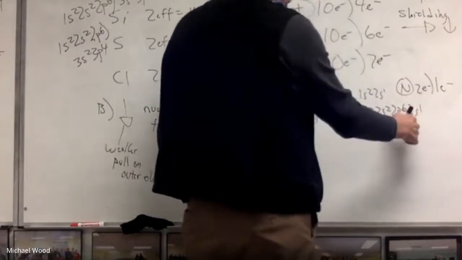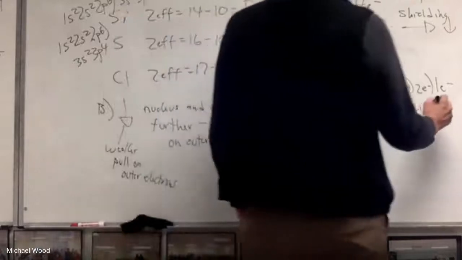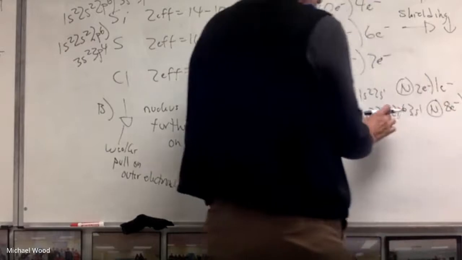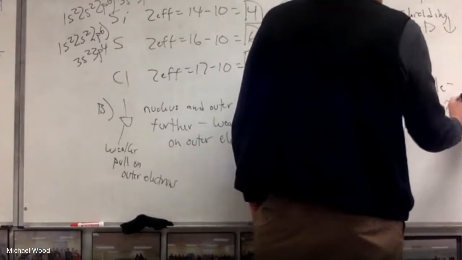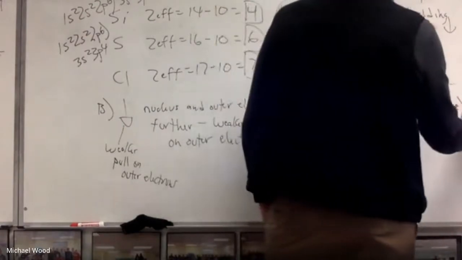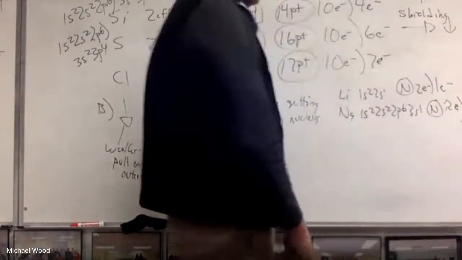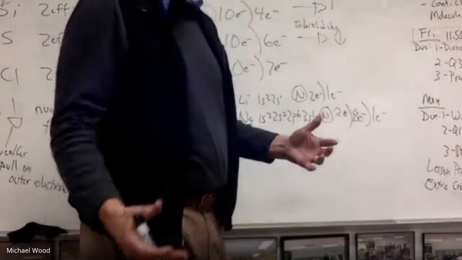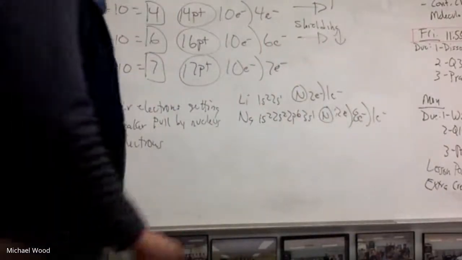Now this outer electron, and we're always looking at the very outer electrons, so if this is the nucleus, I have 2, then I have 8, and now I have 1. But the point is that electron is further from the nucleus, so it's not held as tight by the nucleus. It's getting further away, just like Neptune and Pluto are further from the sun. They don't feel as much pull from the sun.